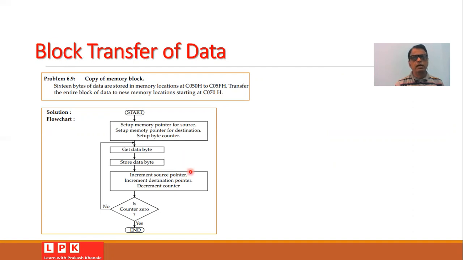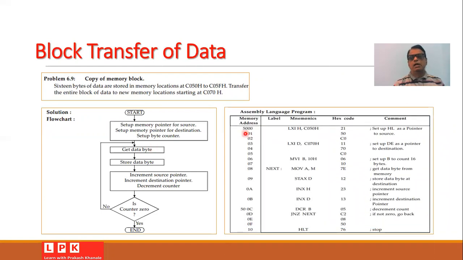Then we will increment the source pointer, we will also increment the destination pointer, and we will decrement the counter. And we will check if the counter is equal to 0 or not. If it is equal to 0, then we will stop because our transfer is completed. But if the counter is not equal to 0, we will go back and get the next data byte, and this process will be repeated.